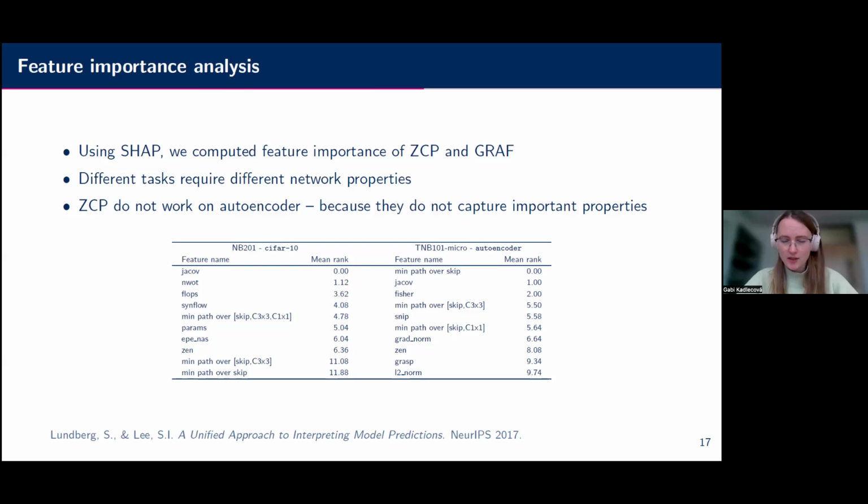We see that the zero-cost proxies still have some importance, even in autoencoder. You cannot find NASWOT in the top 10 most important features, so that's kind of the difference. I feel like the zero-cost proxies can still be quite good for encoding in general. They won't necessarily correlate with the target, but they can give you some information about how the architectures differ from each other.